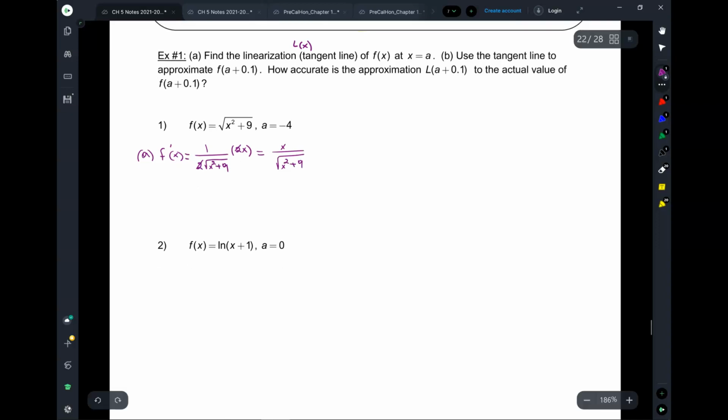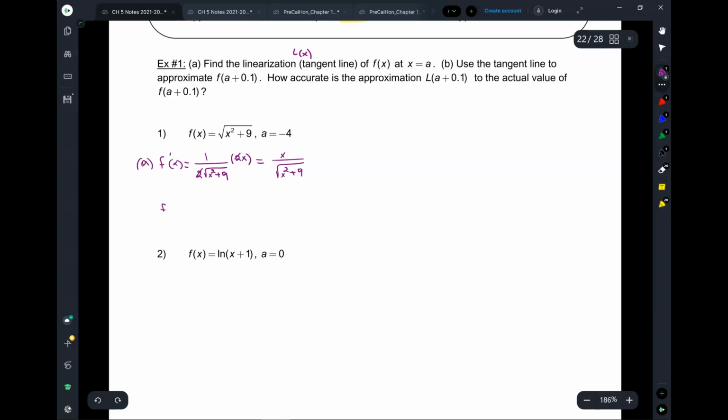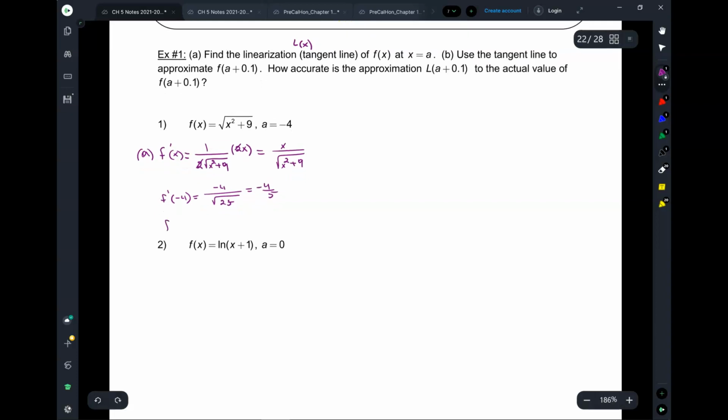Okay, now, the L of x calls for f prime of a, right? F prime of -4 is -4 over the square root of 25. So basically it's -4 over 5. L of x also calls for f of a, which is f of -4.